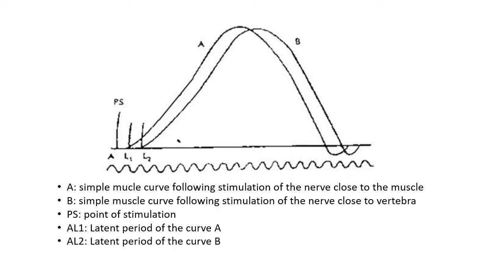So A is when we stimulate the nerve close to the muscle, and B is when we stimulate the nerve close to the vertebra. And you can see here they both have different latent period. PS is of course point of stimulation. AL1 is latent period of the curve A, and AL2 is latent period of the curve B.